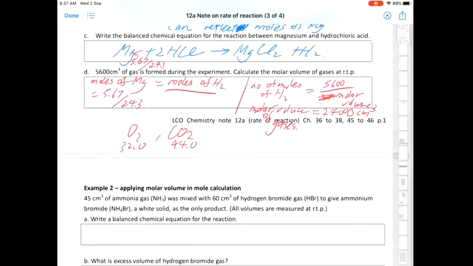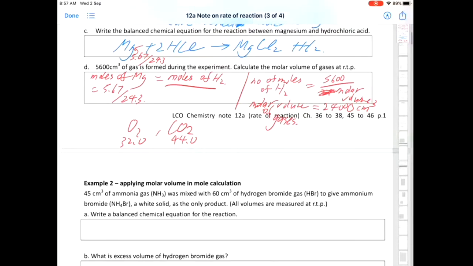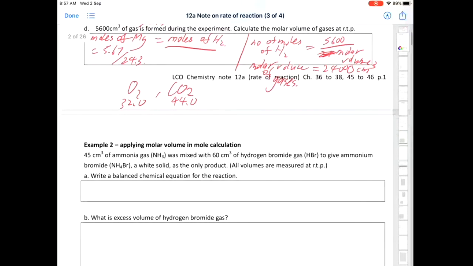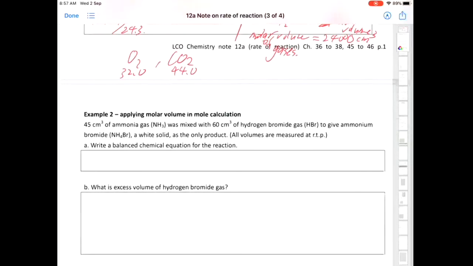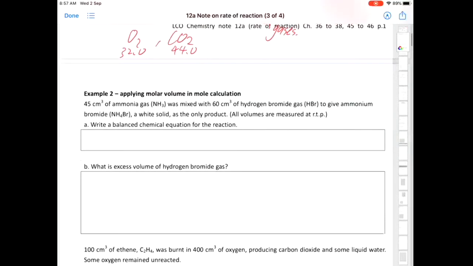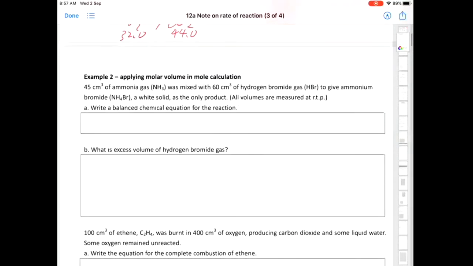If that's okay, then here are more examples on the mole calculation part. Or maybe I'll directly do this equation for you, because it is a little bit easy.